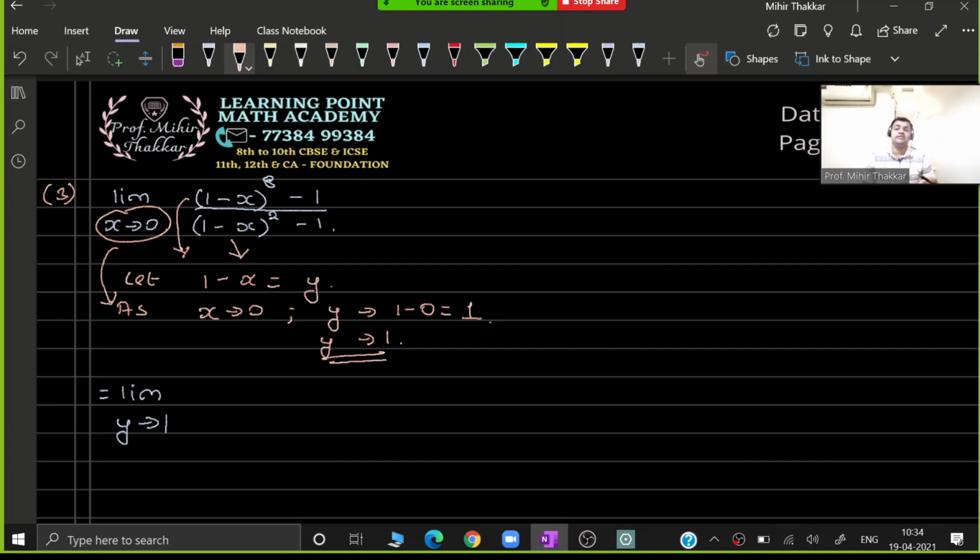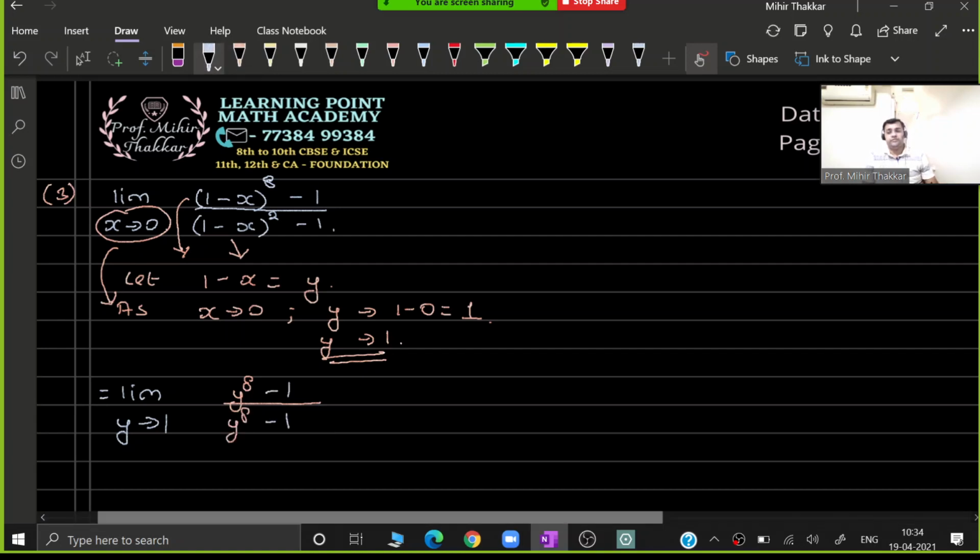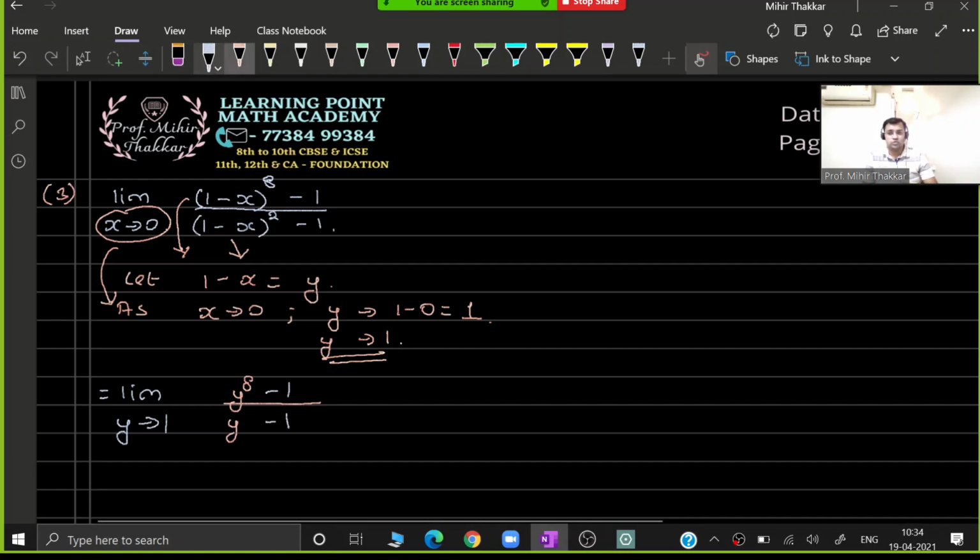So it is not advisable to write the limit for x and the function for y. Therefore, if the function is for x, the limit is also for x. If the function is for y, limit is also for the variable y. Therefore, I will write over here y to the power 8 and the remaining element minus 1 will be over there as it is. Denominator is y raised to 2, so I will write y raised to 2.